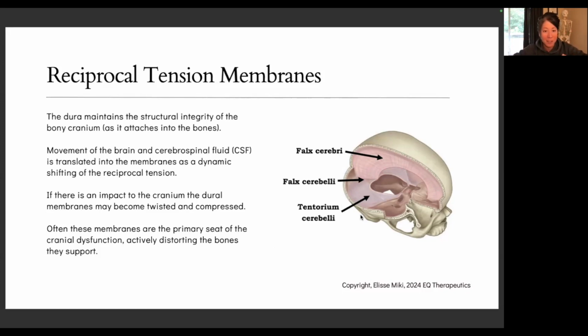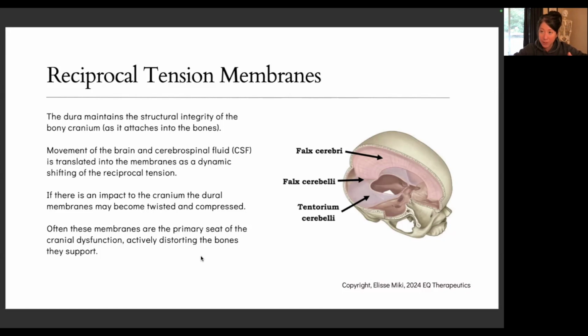Now, if there's an impact to the cranium, as I said, the dural membranes may become twisted or compressed. Okay, so we can get shifts like so or like so. Often these membranes, especially as you learn more and work more in this way, craniosacrally, we'll find are the primary seat of some of the cranial dysfunctions that we're going to encounter, because they are so strong, right?